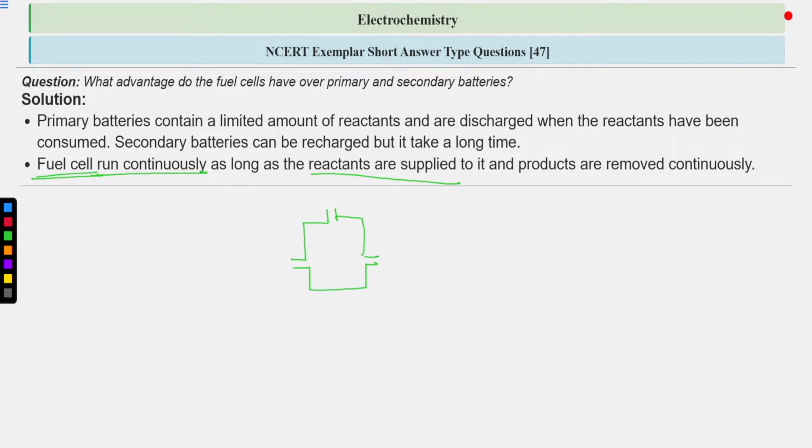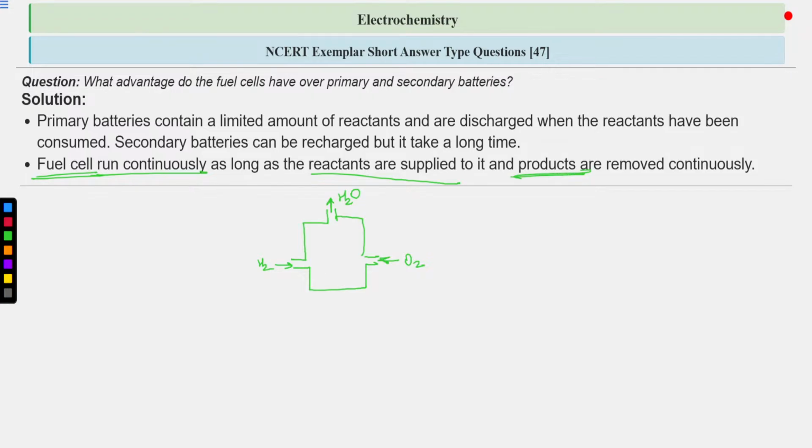These are the openings I am making. Through these openings you can provide the hydrogen and oxygen as reactants, and through this opening you can get the product, and you can provide the reactant as long as you want for the functioning of the fuel cell. So unlike primary and secondary batteries, to the fuel cell we can provide as much reactant as we want and as long as we want for its functioning and for getting the products.